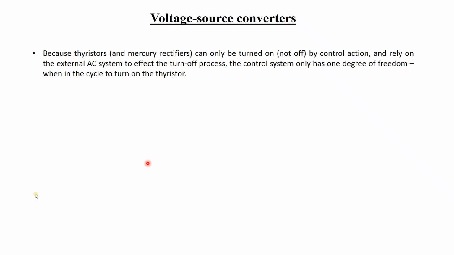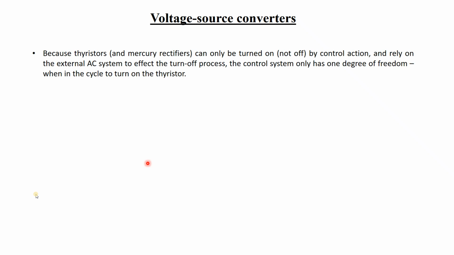This kind of converter has more advantages over the line commutated converters, because these converters use IGBTs. You have studied IGBT, I think, in power electronics. So why are they more advantageous? See, VSCs, since they use IGBTs, introduce less harmonic distortion.